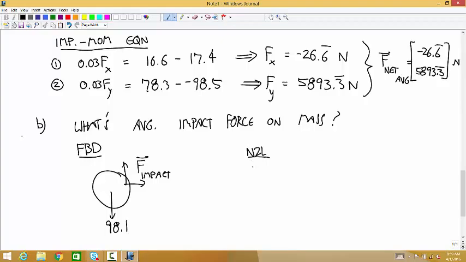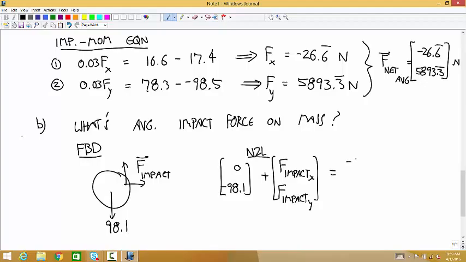So Newton's second law says 0, negative 98.1 plus F impact, X and Y components, is equal to the net force. So negative 26.6, 5893.3.